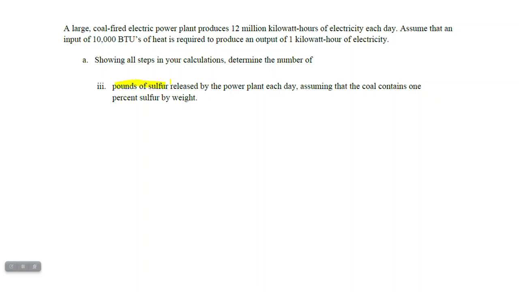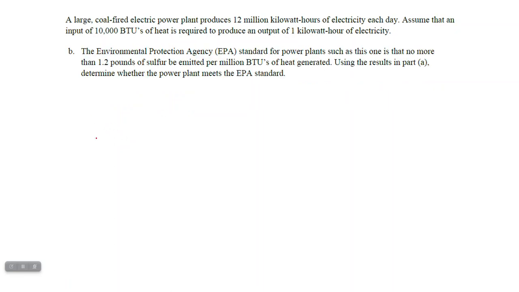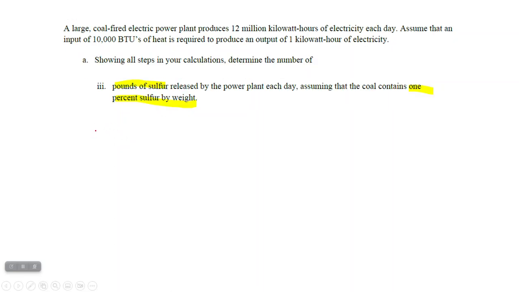You want to calculate the pounds of sulfur released by the power plant each day, assuming that the coal contains 1% sulfur by weight. What you're basically going to be doing is taking the number of pounds of coal that was produced, so that's going to be that 2.4 times 10 to the 7th pounds of coal.